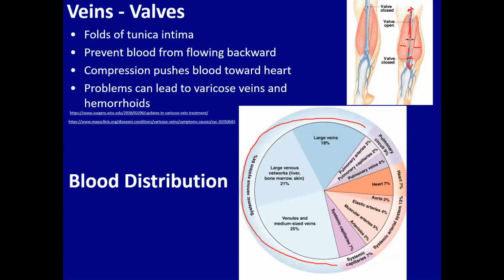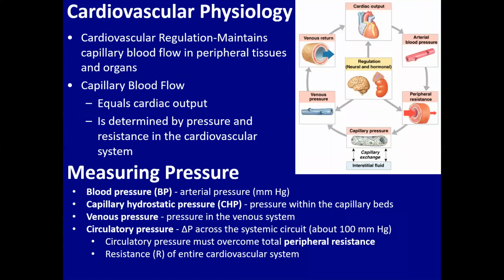So when you break it down to the systemic arterial system, you can see how much is in each type of artery. But also when you look at the systemic venous system in the blue, think about where, let's look at some cardiovascular physiology.